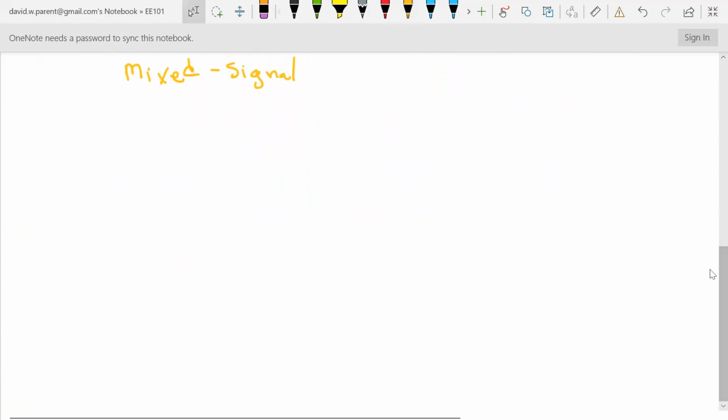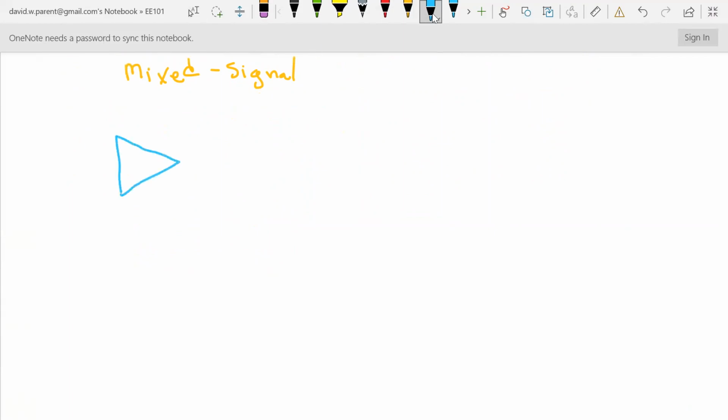Now, of course, in order to understand that, we have to understand how the OPAMP works, really just from a mathematical standpoint. I tend to always draw the OPAMPs like this, and then some things about an ideal op-amp: there's open loop gain, which is supposed to be infinite.